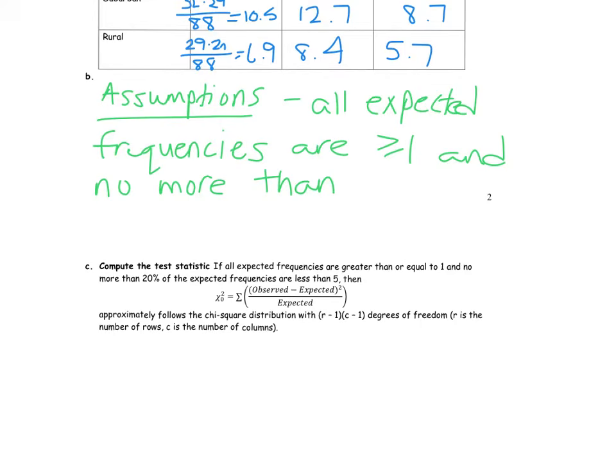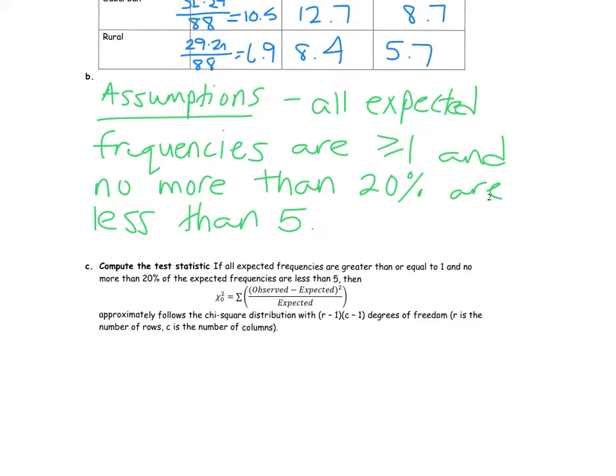Whoops, excuse me, not 5%, 20%. All right, and notice in our case, our lowest value is 5.7, so we're good to go. If we ever had this case, we can always combine classes or combine variables, or we could look at a larger sample size until we meet our assumptions.